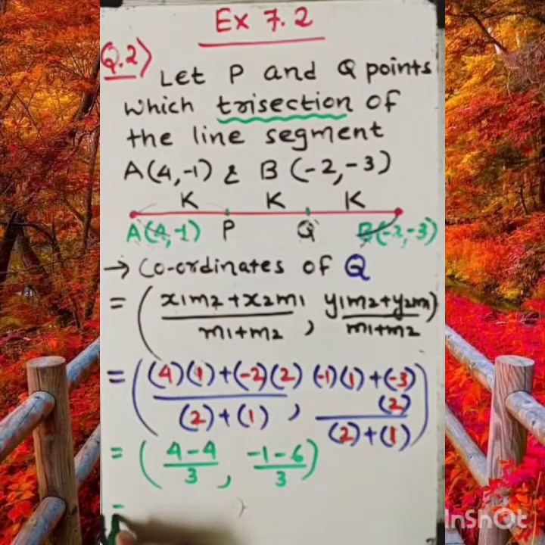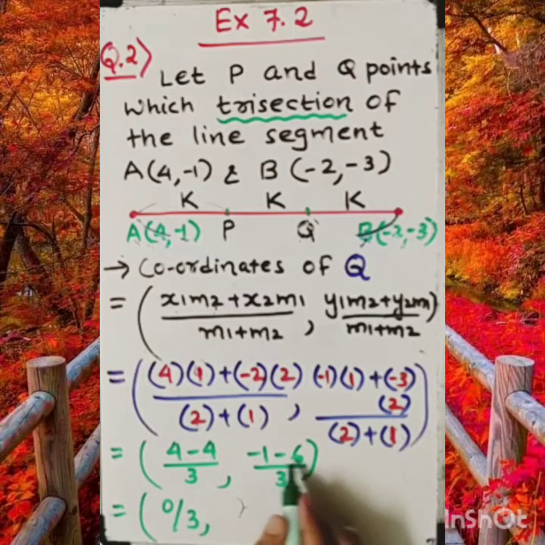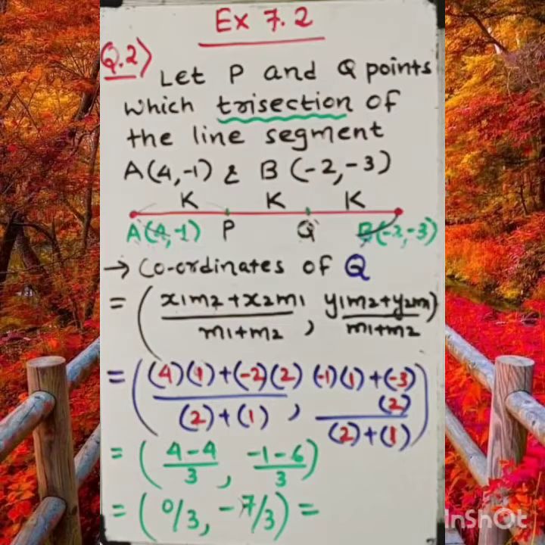So 4 minus 4 is 0 by 3, and 0 by 3 is only 0. And minus 1 minus 6 is minus 7 by 3. So the answer is 0 comma minus 7 by 3.